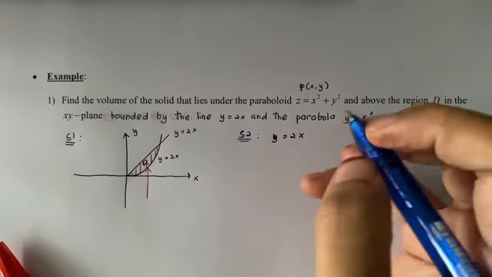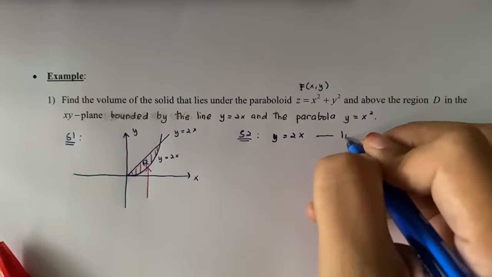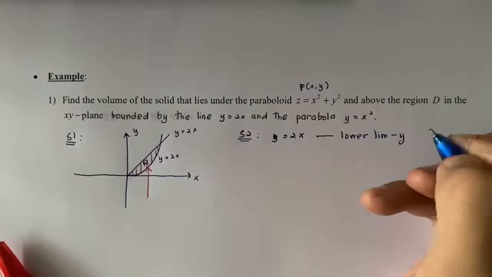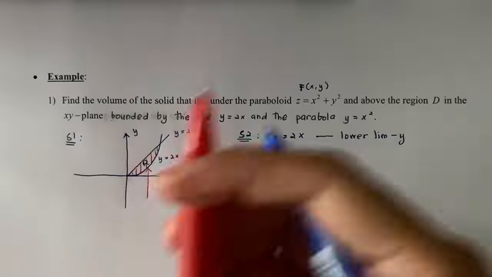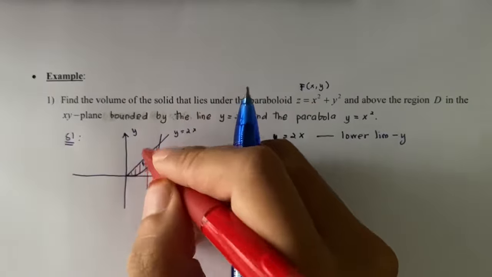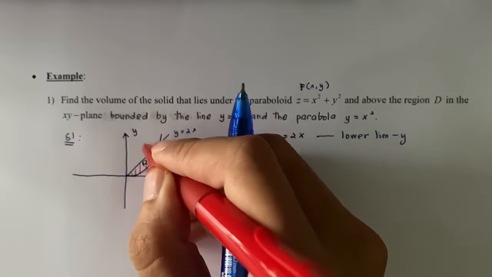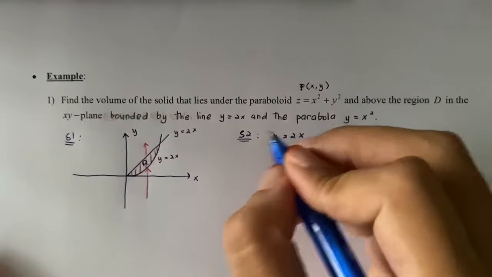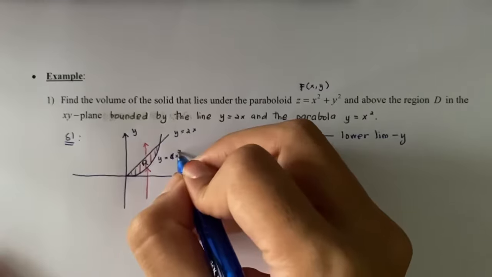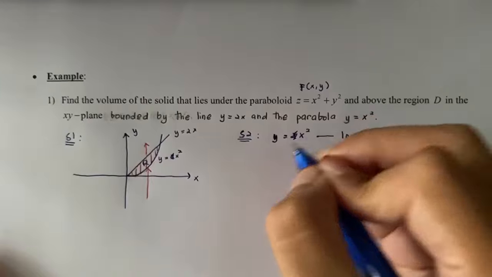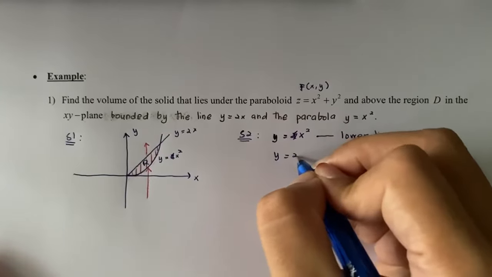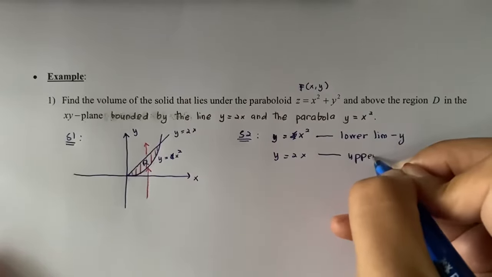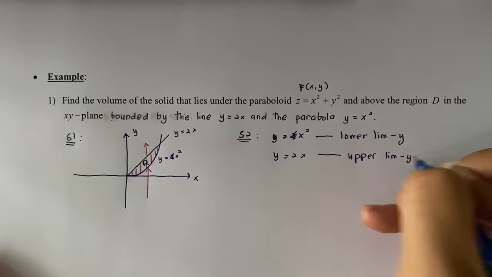So y equal to 2x is the lower limit of y. And then it goes into the region and leaves the region from this curve, which is y equal to x square. So y equal to x square is the upper limit of y.